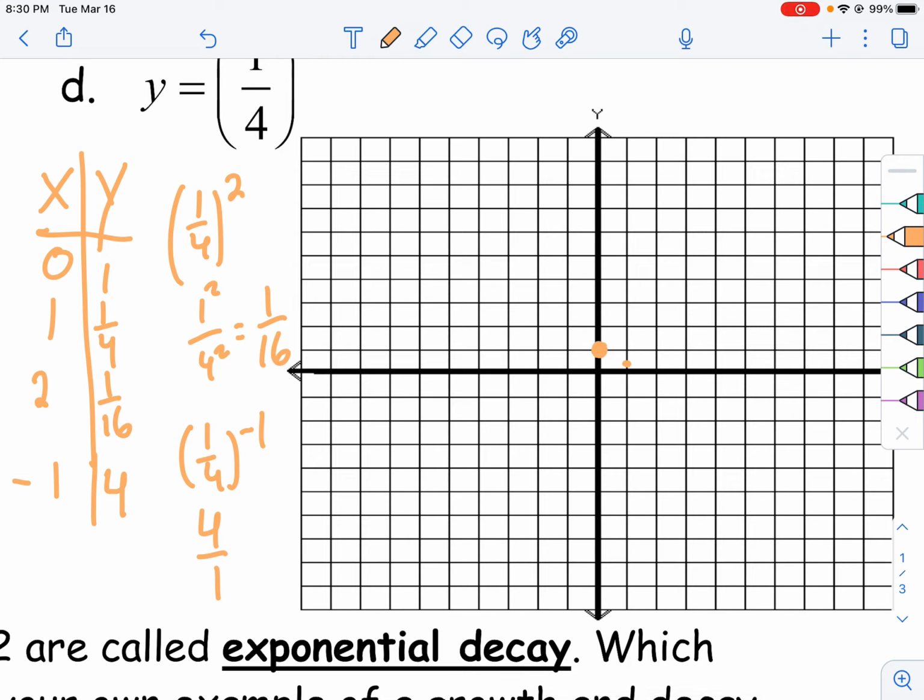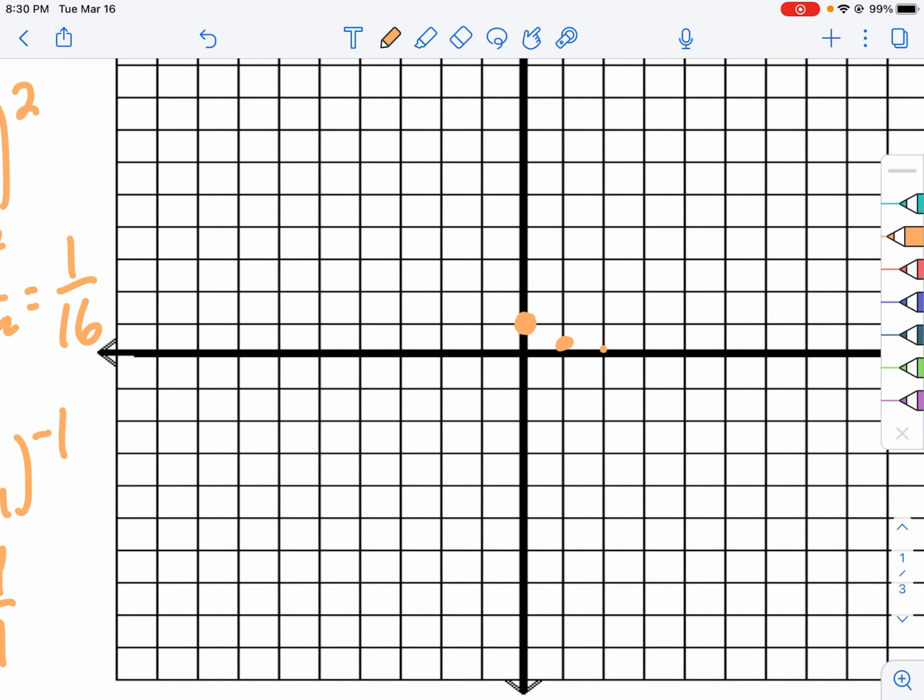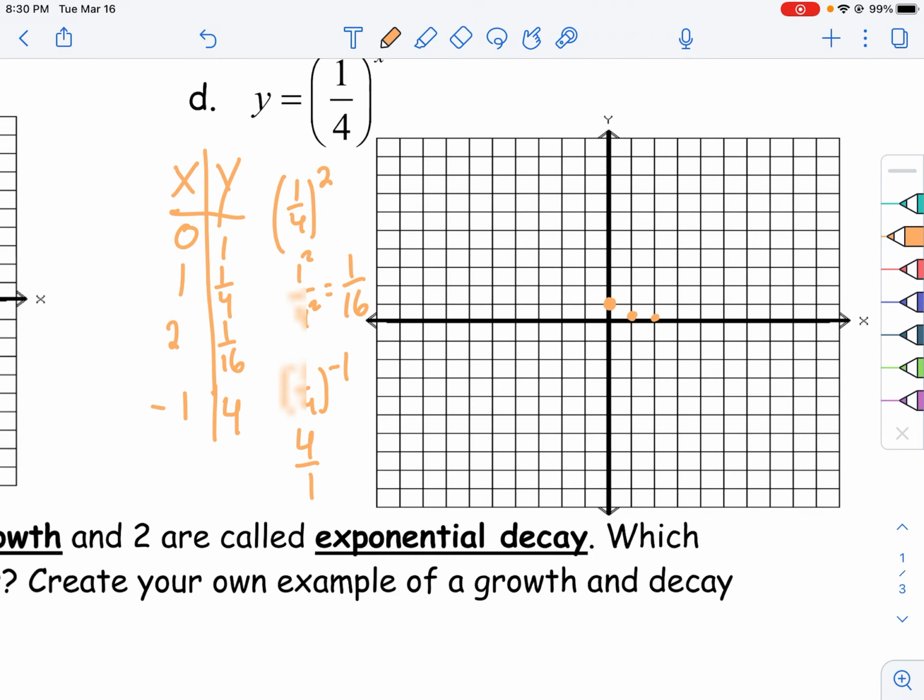We have 1, 1/4, which is down here. 2, 1/16, even smaller, right? And then we have negative 1, positive 4, which would be here. So this graph looks something like this. Not my best drawing there.